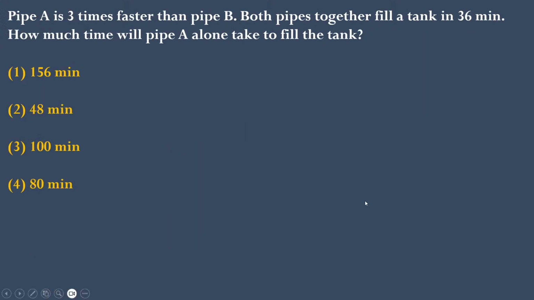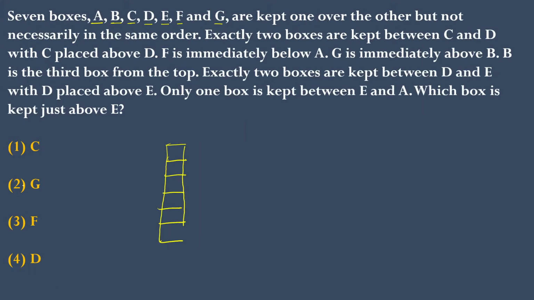Exactly two boxes are kept between C and D. C is placed above, meaning exactly two boxes are between C and D.